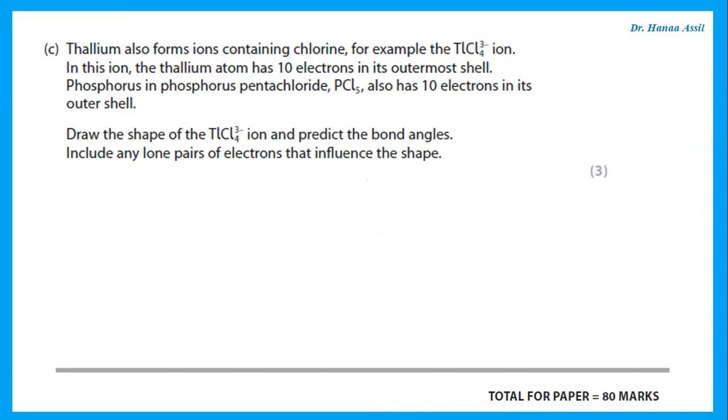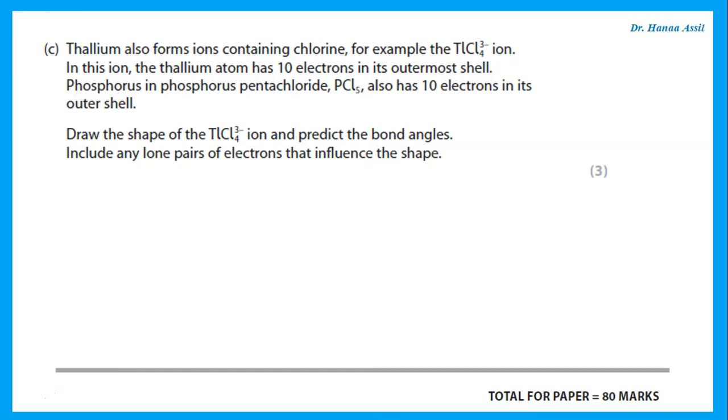Okay. Last part, thallium also forms ions containing chlorine. For example, the TlCl4 3- ion. In this ion, the thallium atom has 10 electrons in its outermost shell. Phosphorus in phosphorus pentachloride also has 10 electrons in its outer shell.